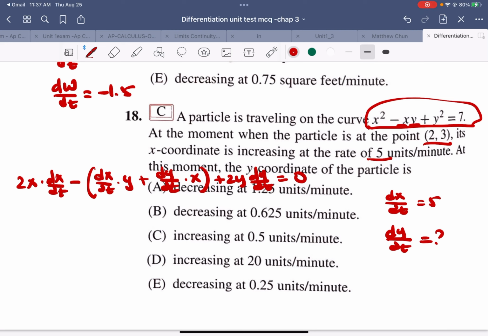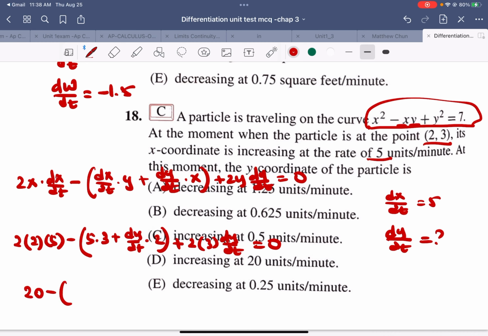Now let's plug in all the values you know. So 2 times the x value, 2, times dx/dt, 5, minus dx/dt, which is 5, times the y value, 3, plus dy/dt, that's the one you look for, times the x value, 2, plus 2 times the y value, 3, times dy/dt, equals 0. So the only thing you don't know is dy/dt.